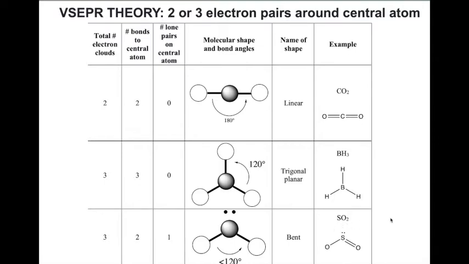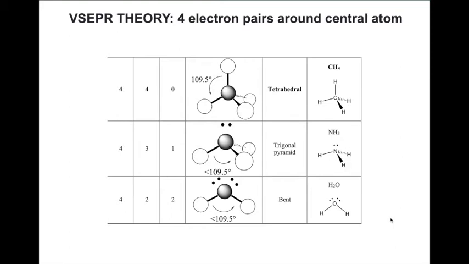All right, let's take a look at when there are 4 electron pairs around the central atom. So now we get a geometry that maybe we're not so used to looking at, and especially the challenge here comes with the fact that we're trying to show a 3-dimensional object, but we're confined to 2 dimensions on this presentation. But we're going to do our best.